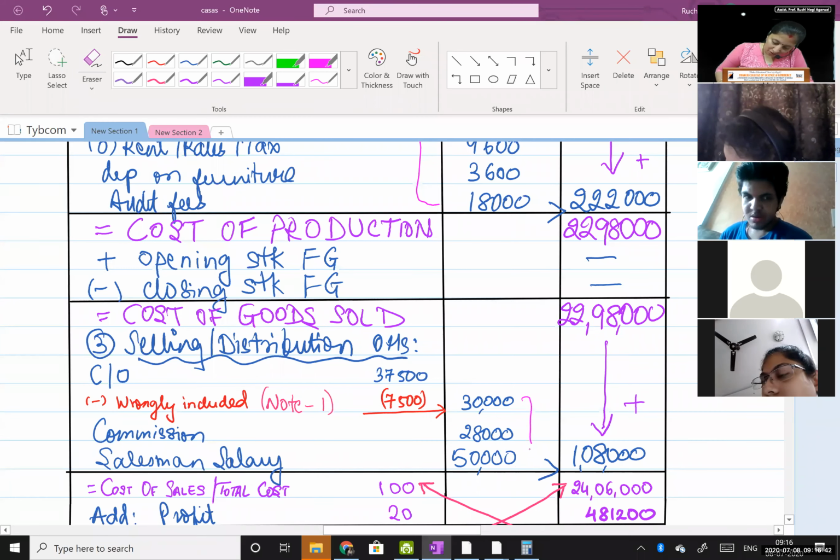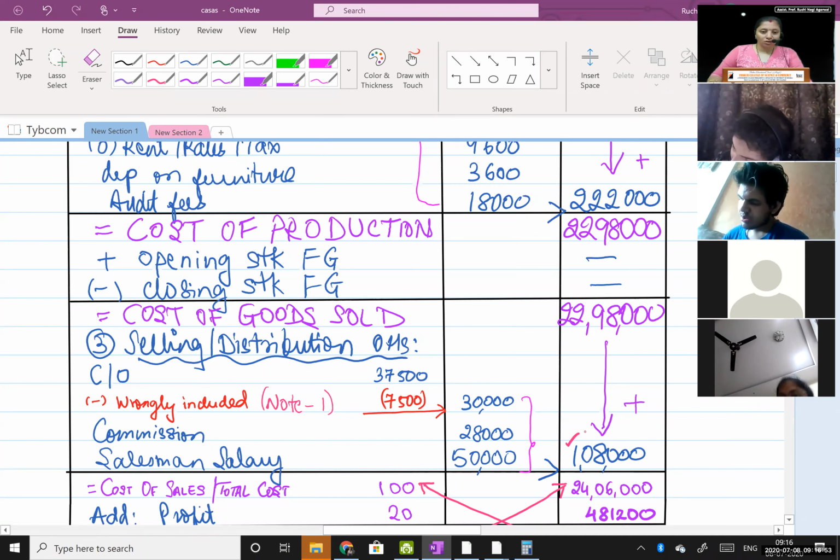Then take this total in the outer column. 30 plus 50 is 80, 80 plus 28 is 1 lakh. See here, outer column.